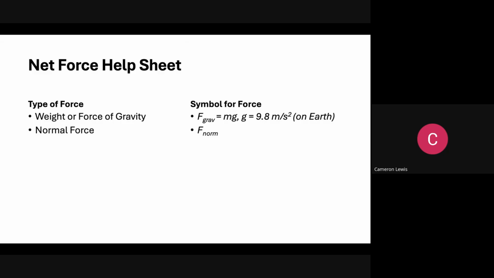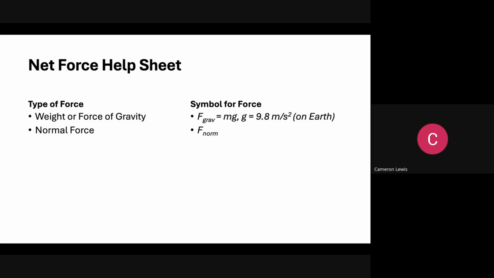That's the weight, but it has to be equal to what to be balanced? It's on the surface, so it has to be equal to the force of the surface. Because the weight is due to gravity, the normal force is the opposite of that. So then it has to be equal to gravity, right? Yes.